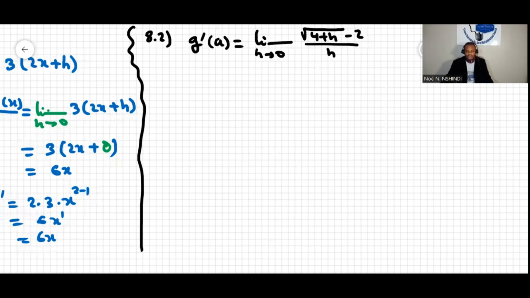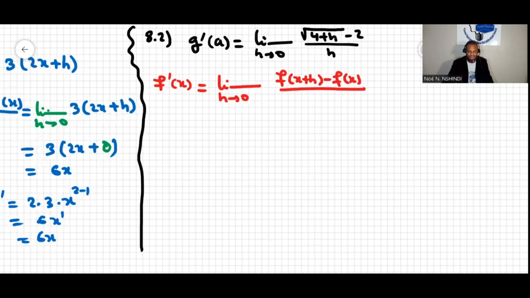Now, according to the definition of the limits that we quoted earlier, the derivative of a function, I'm just writing the formula here, f prime of x, is given by the limit as h approaches 0 of f of x plus h minus f of x, all over h. That's the limit, which is the derivative of f of x.